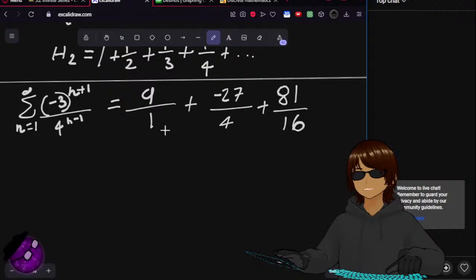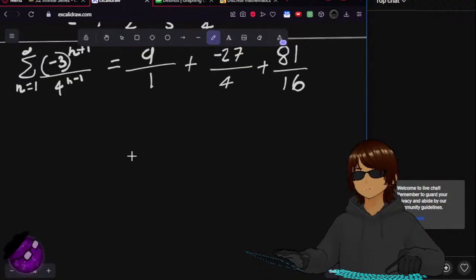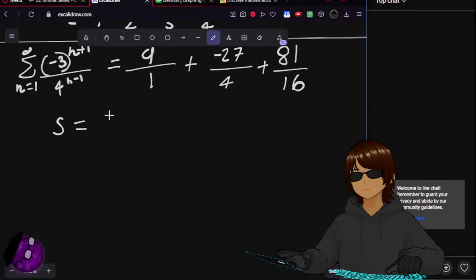So the sum to infinity is a over 1 minus minus 3 over 4.